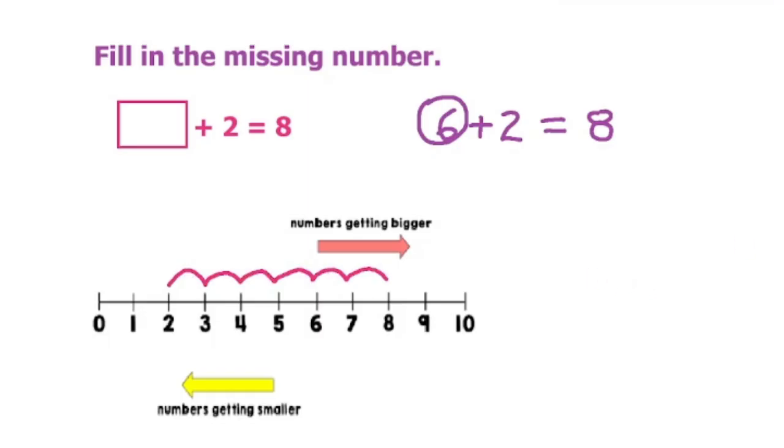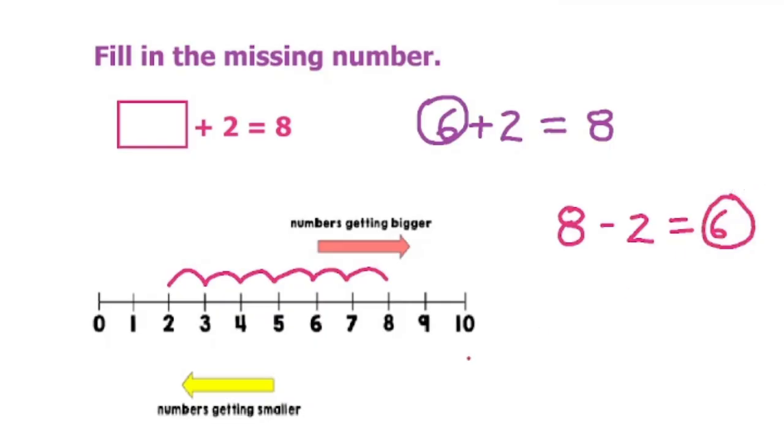Another way to do this, which is an addition fact as well, is you use the numbers that are given in the original question. So you would use 8 and 2. And the addition fact that 8 minus 2 equals 6. And 6 is the missing number.